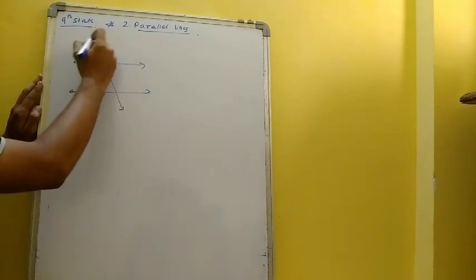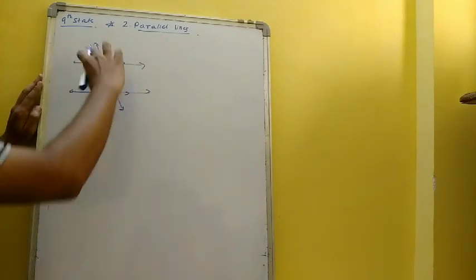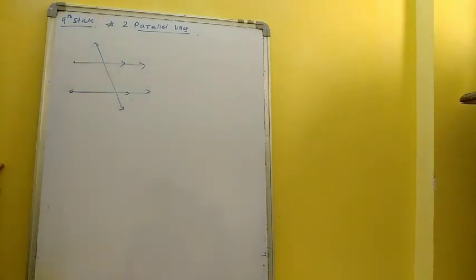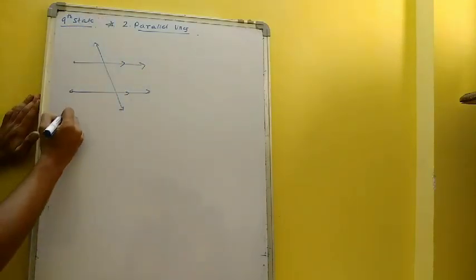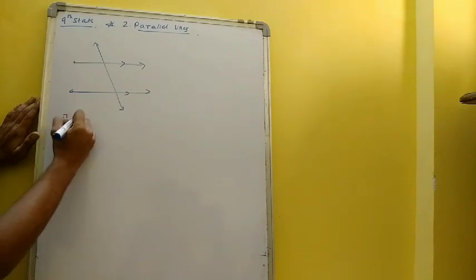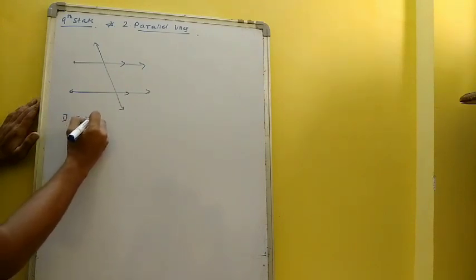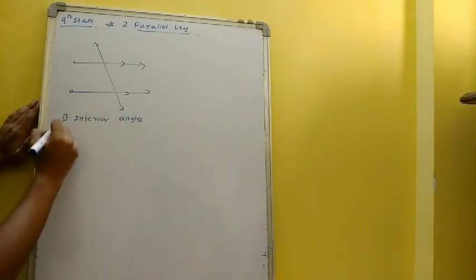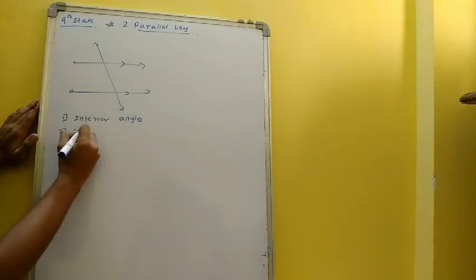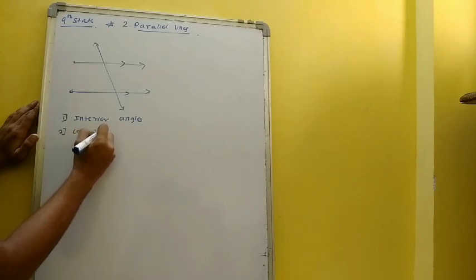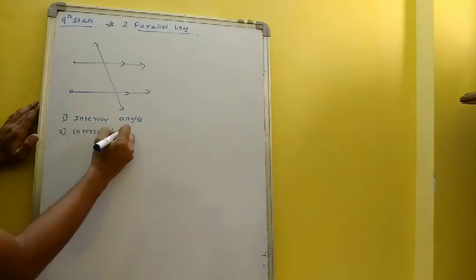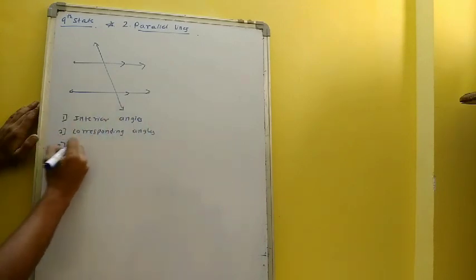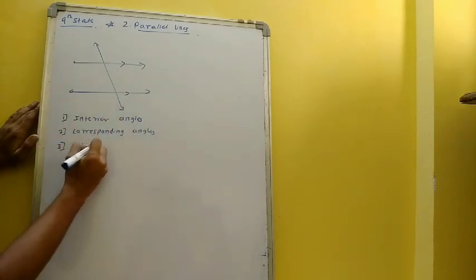Whenever I have parallel lines and a transversal, we have three pairs of angles forming there. First one is interior angles, second is corresponding angles, and the third one is alternate angles.